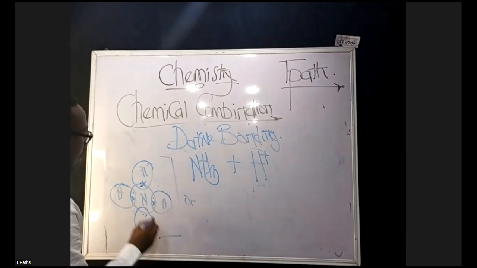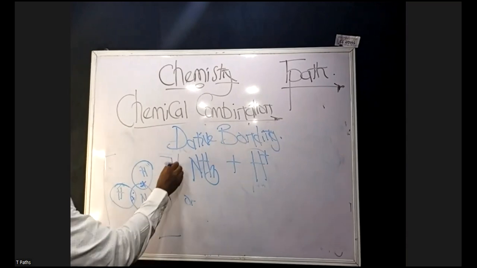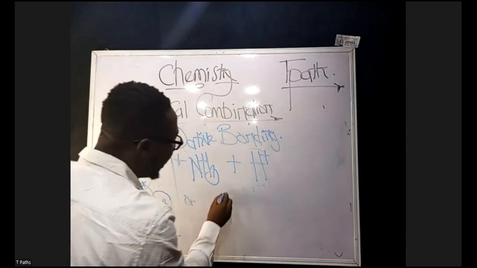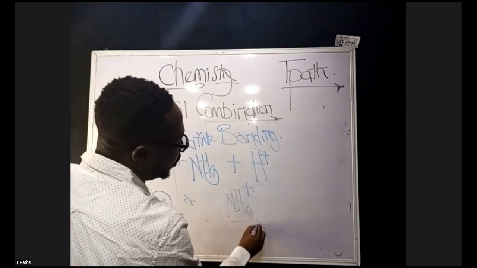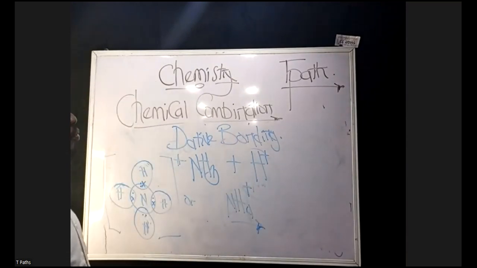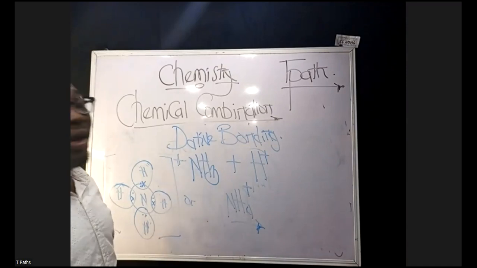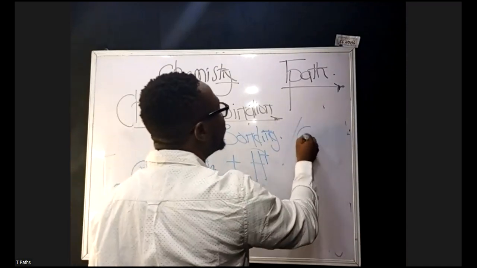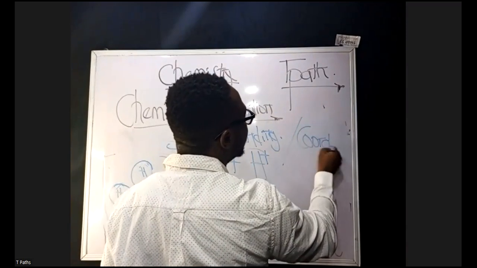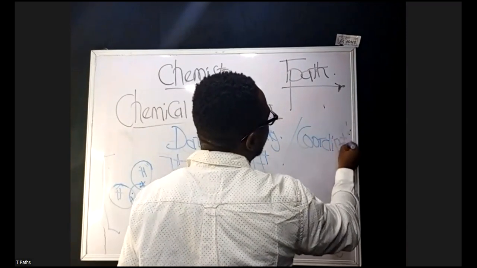This is called NH4 plus. So this is called the dative compound. Very common. Dative bonding, or we can call it coordinate bonding.